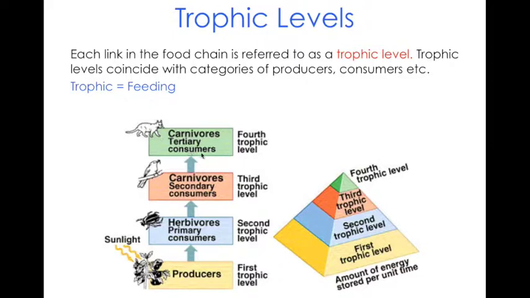So if I were to translate consumers and producers into the trophic level method, you would say that the producers are the first feeding level, the first trophic level, then your primary consumers are your second trophic level, secondary consumers are your third trophic level, and tertiary consumers are your fourth trophic level. In that way, we don't have to worry too much about tertiary, primary consumers, and so forth, and we just use first, second, third, and fourth.